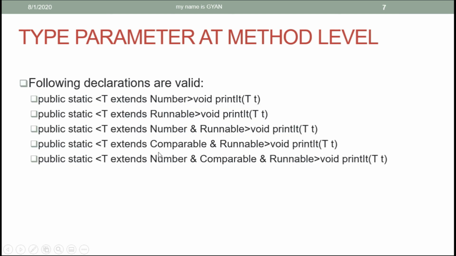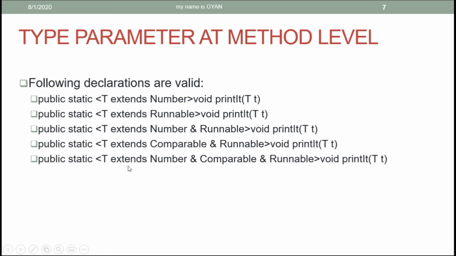These are a few valid declarations: T extends Number, T extends Runnable, T extends Number and Runnable, T extends Comparable and Runnable, T extends Number and Comparable and Runnable, like that. Number is a class; Runnable and Comparable are interfaces.